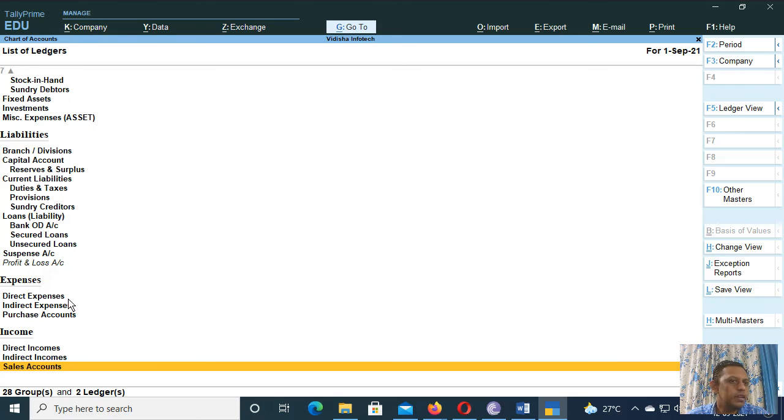In expenses, there is direct expenses, indirect expenses and purchase accounts. And in income we are having direct income, indirect income and sales account. So is this clear? You can note it down or you can just go through your installation and view this.